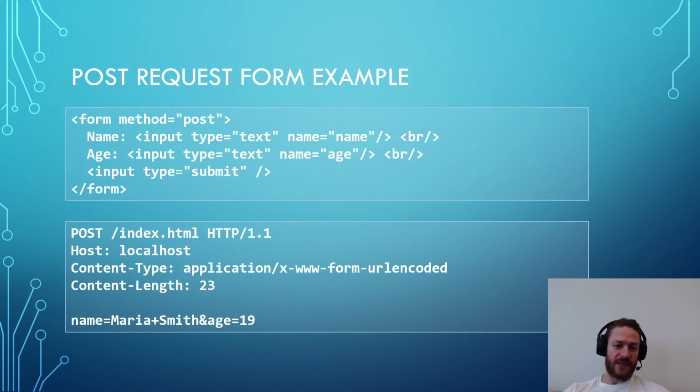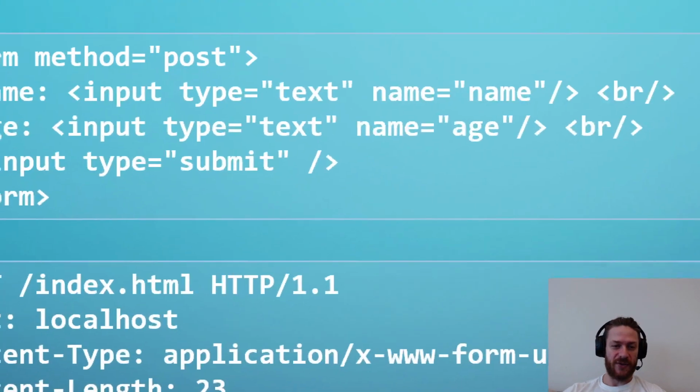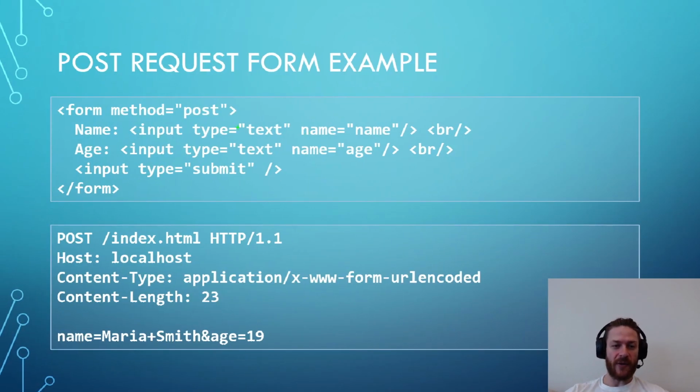Here is the form example. I already showed that, so it's nothing new, but apparently the HTTP works the following way. You have a form, you have inputs or drop downs or whatever, select, for example, input type checkbox. Everything that is important is the name attribute. The name attribute is the thing that is sent to the server, and this is how the server understands your request.